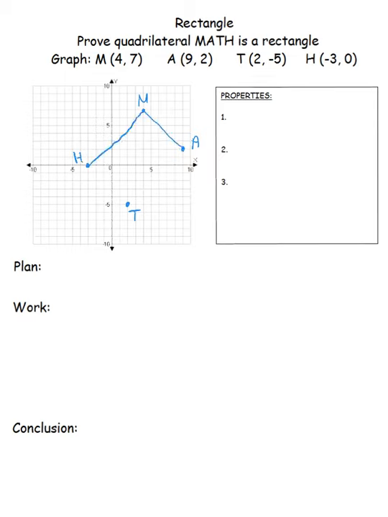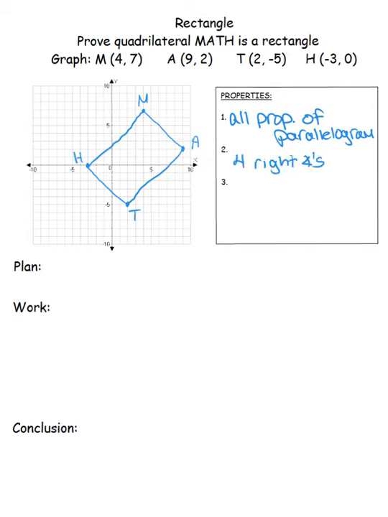So if we connect it and make it as neat as possible, again, we want to list the properties off to the side so we know what we're dealing with and so that we remember them. It's got all the properties of a parallelogram. It's got 4 right angles, and it has diagonals that are congruent.